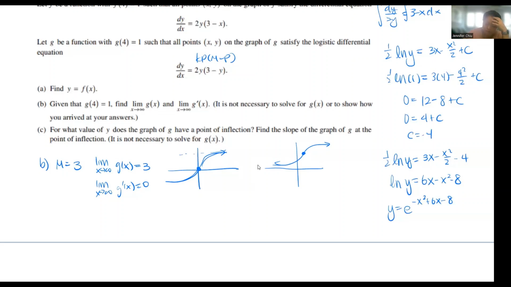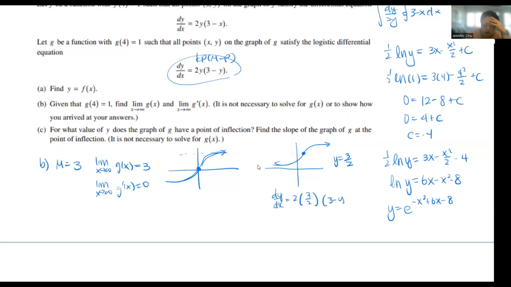The carrying capacity is 3, so halfway is 3/2. So when y = 3/2. Then it asks for the slope at that point of inflection, so you can plug that y into this function right here. dy/dx = 2 times 3/2.